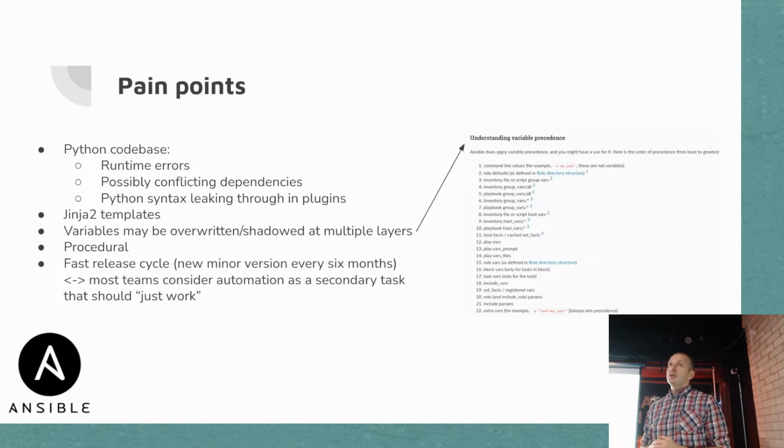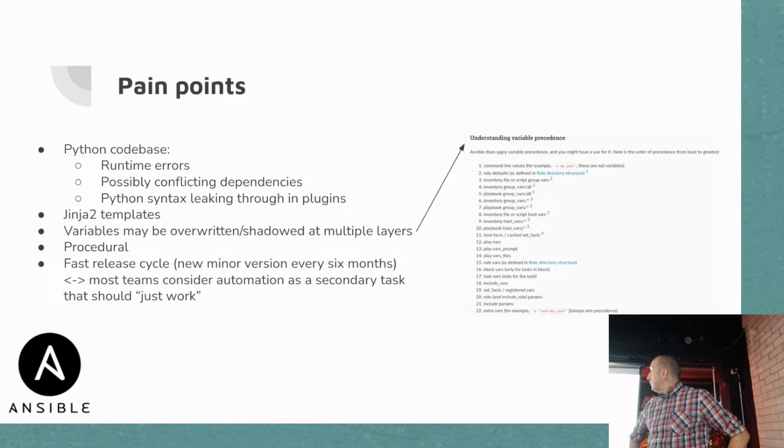Let's say you are using 2 collections in your role or playbook dependencies, and one collection has, let's say, a 1.2 dependency on a certain Python library, and the other one says it's not higher than 1.1. Then you will have to think about it a bit.